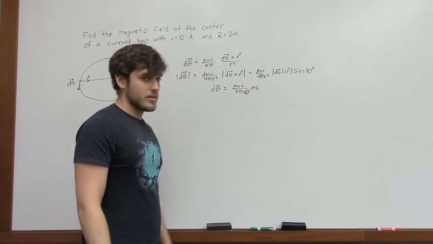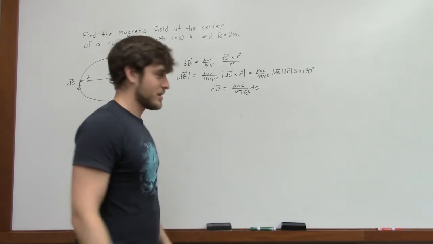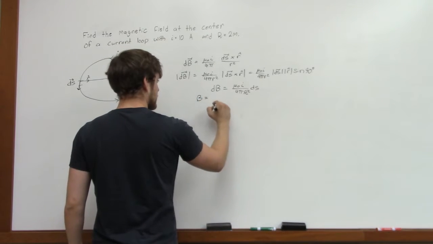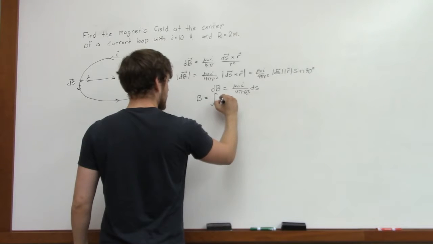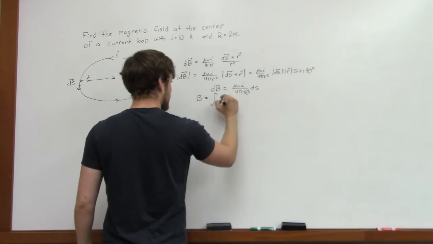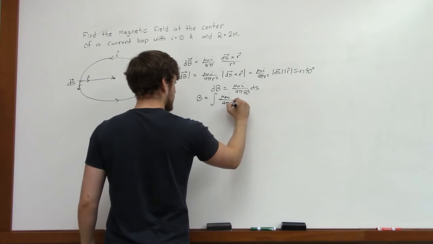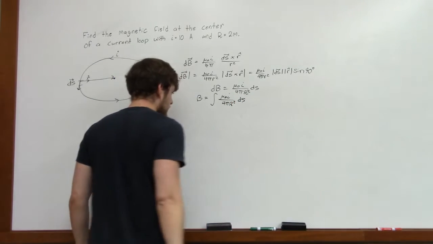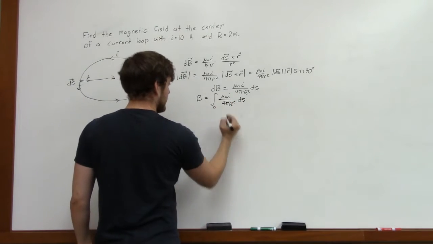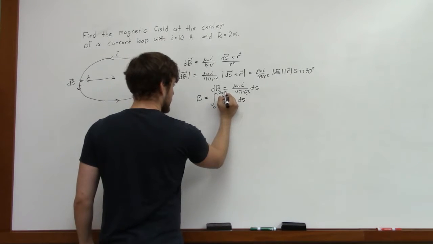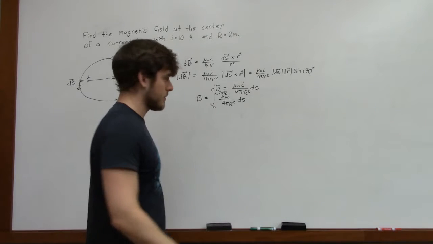So now we can calculate our magnetic field by integrating this. B is going to be equal to the integral of mu naught I over 4 pi R squared ds. And we're going to integrate from 0 length to 2 pi times the radius, the full length of the loop.